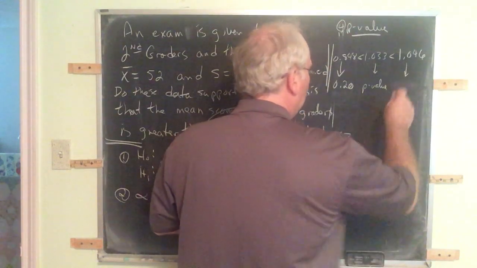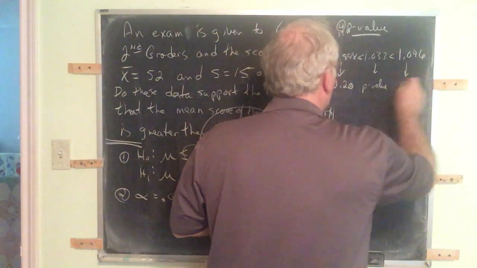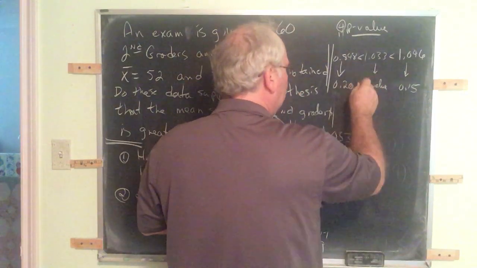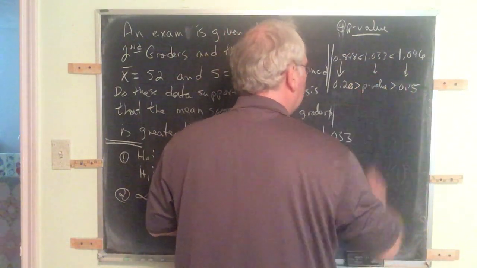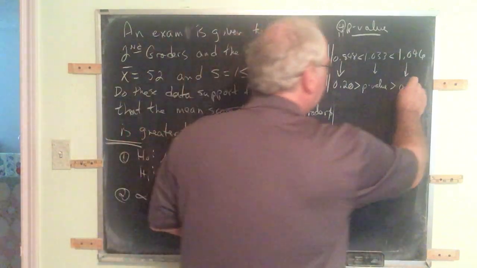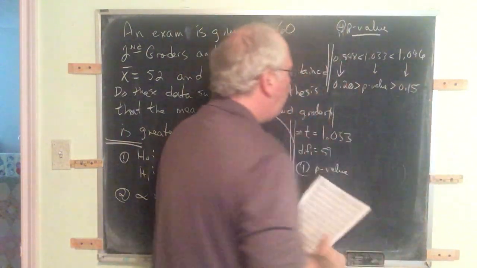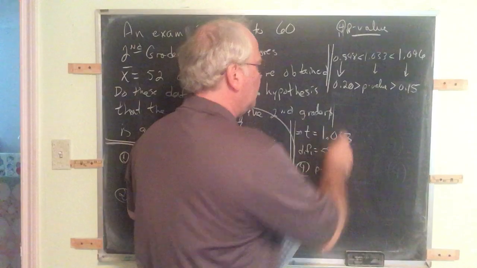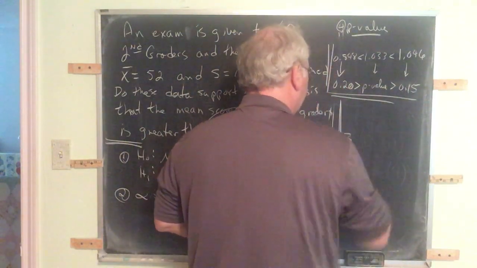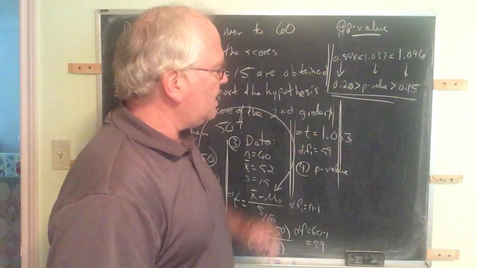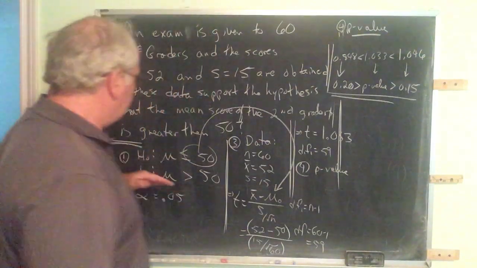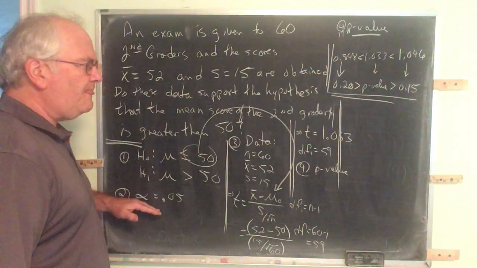And remember our rule, you reverse the direction of these inequalities. So we need to find where in this inequality string, where does alpha fall?